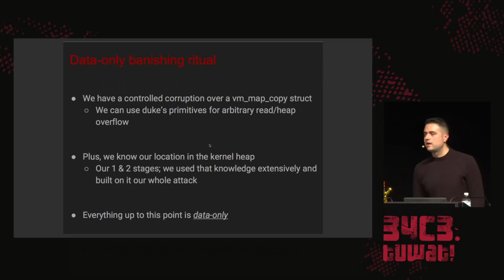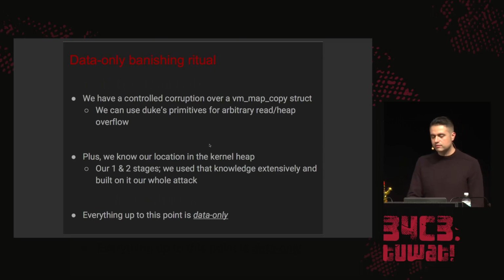Now, I also know my location on the kernel heap, and remember, we found that in the first two stages, where that PTMX IOCTL struct was stored on the kernel heap.